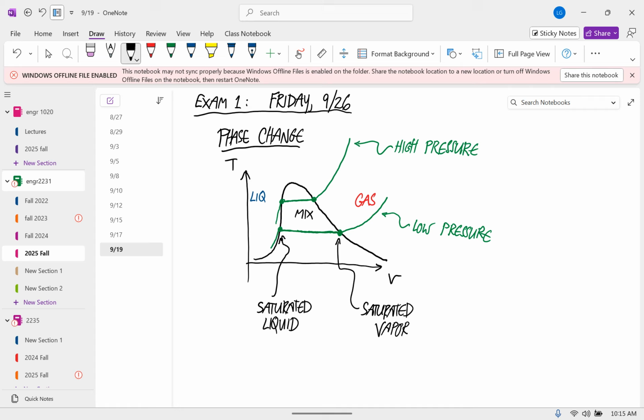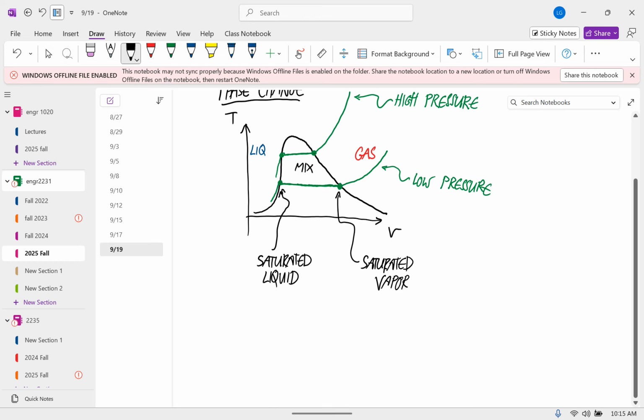If you take a slice of a surface, it just becomes a curve. So here we have 2 different slices at constant pressures. If you have the higher pressure, you're at this higher curve. If you're at a lower pressure, you're at that lower curve.